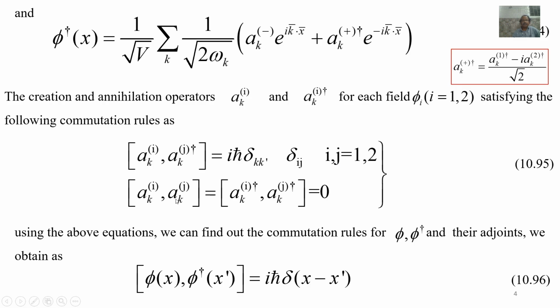And the self commutation rule is a_ki, a_kj equals a_ki dagger, a_kj dagger equals 0. So we are going to use fully this quantization rule, the commutation rules. And this is the commutation rule for field operators. So we are going to use 10.95 and 10.96 to simplify the derivation.